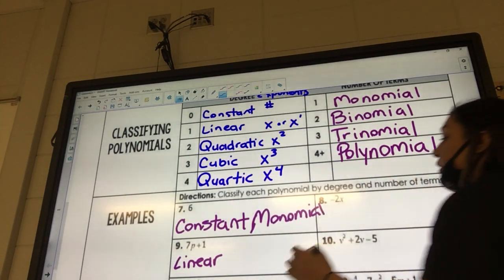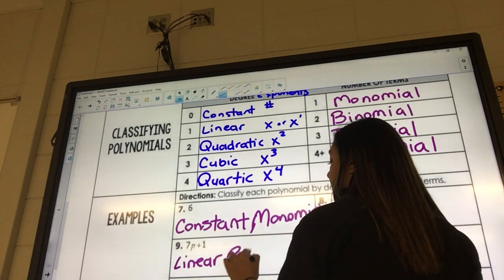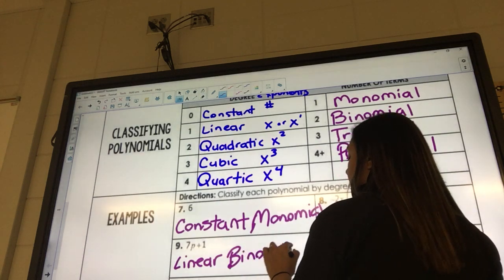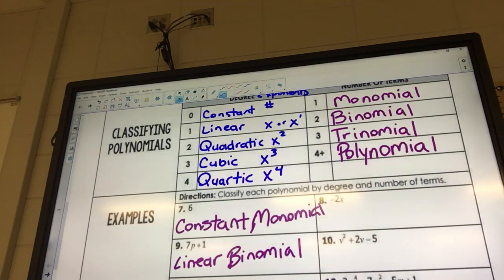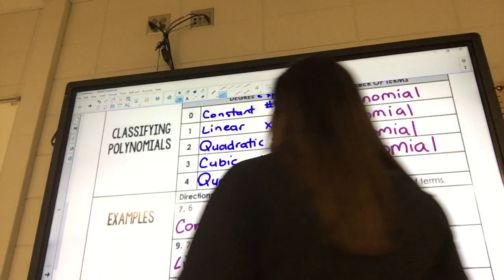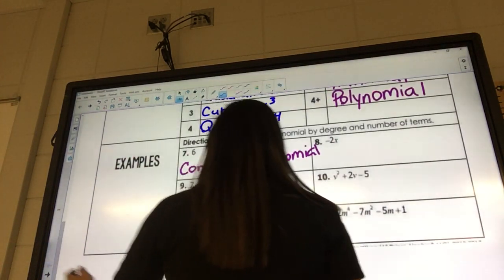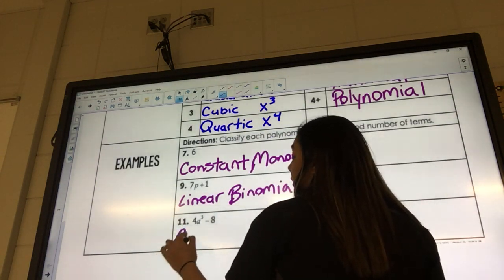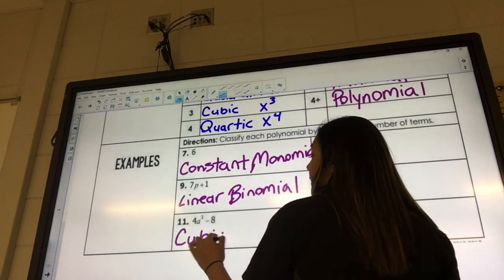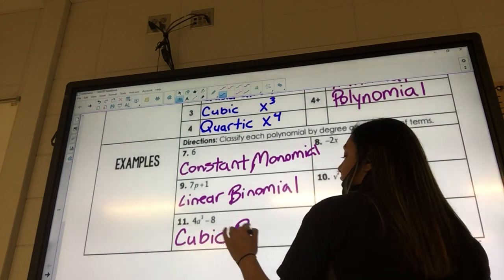It has 2, so it's going to be a binomial. Okay, look at 11. What's the highest exponent? 3, so it's gonna be cubic, and how many pieces? Binomial. It's got 2 pieces.